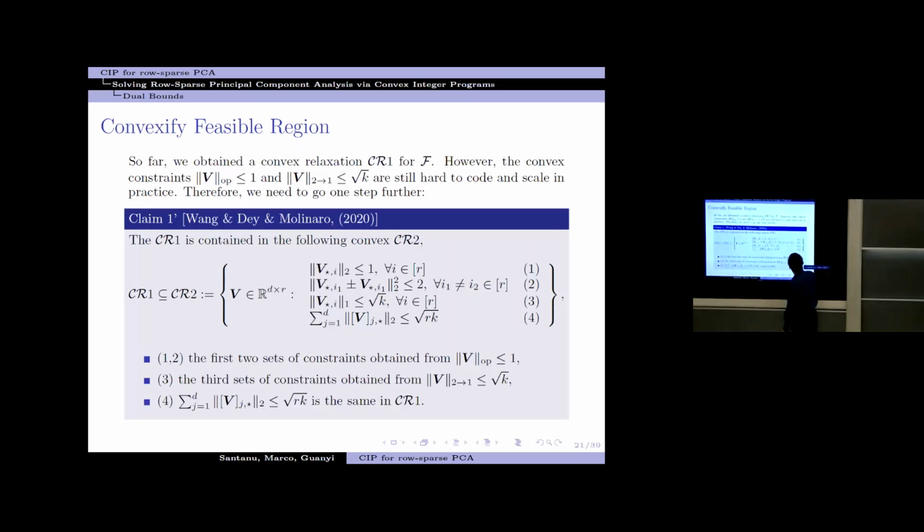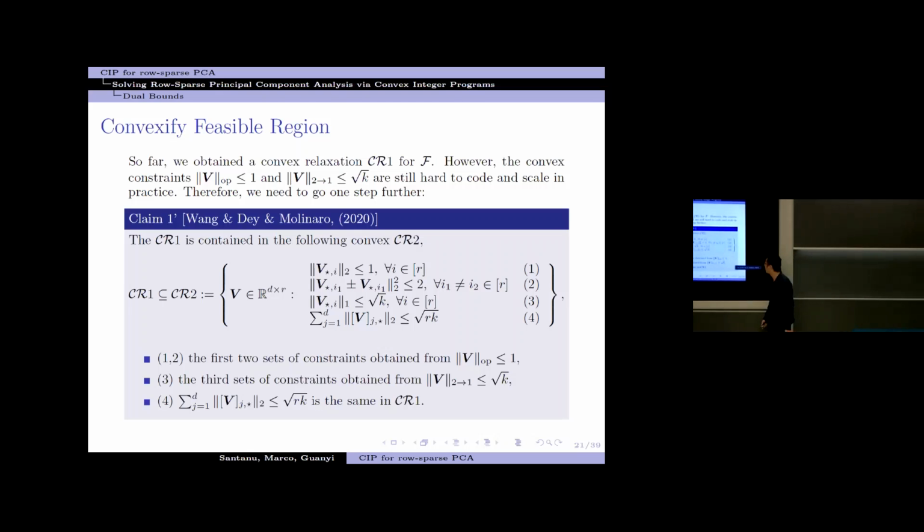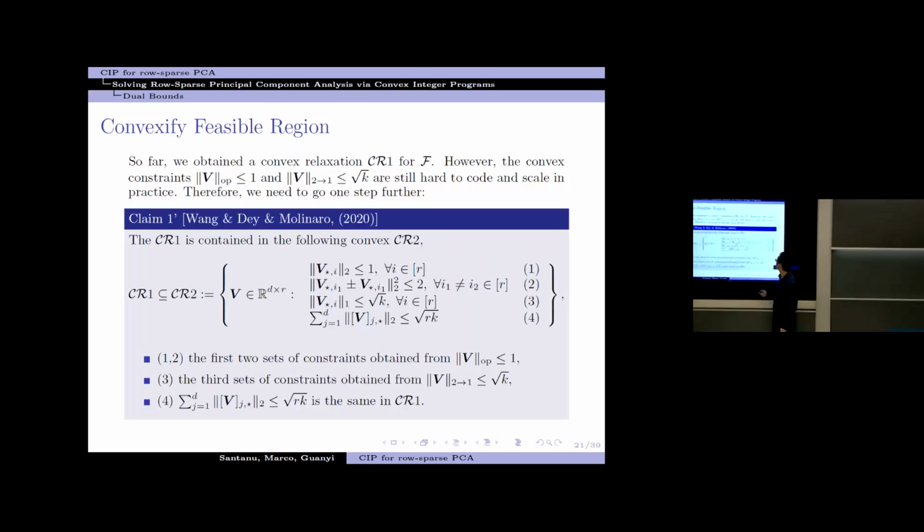convex set CR2. And what we did is we just greatly relax the operator norm part, and also relax the L2,1 norm part. And for the final constraint, the summation of L2 norm of rho, we just keep it the same. So okay, we obtained the second relaxation.